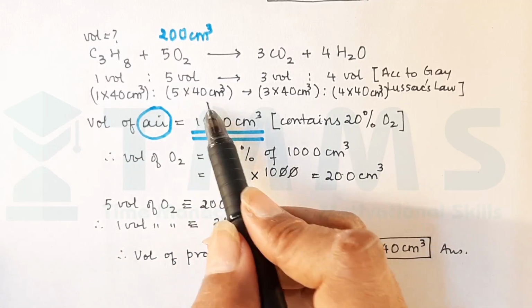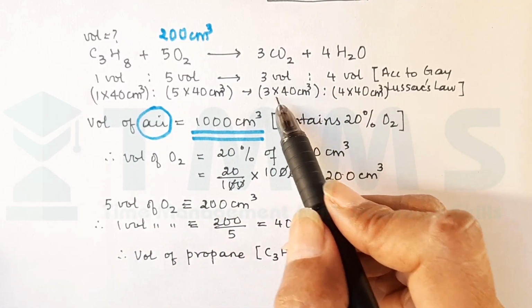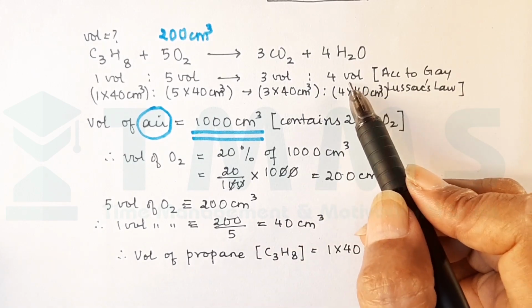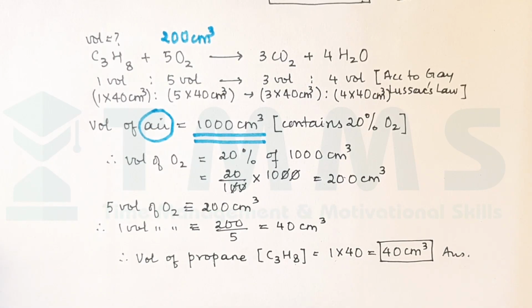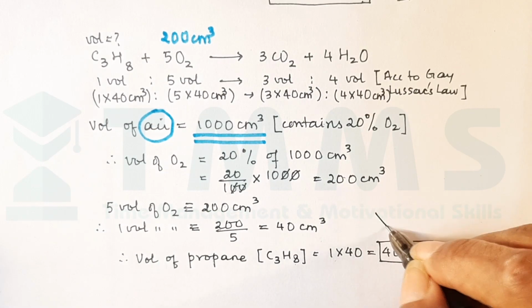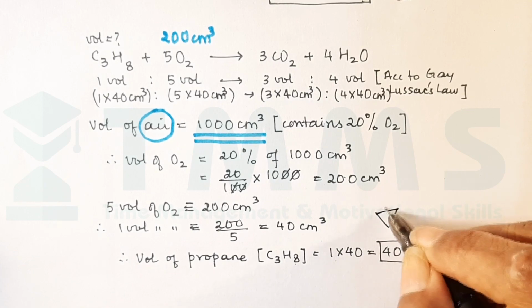This becomes 5 into 40 centimeter cube. This becomes 3 into 40 centimeter cube. This becomes 4 into 40 centimeter cube. But they are asking us only the volume of propane. So volume of propane, that is C3H8. How much is that? So we write just that, and that's our answer. Did you get that right? If you got that right, give yourself a lovely star.